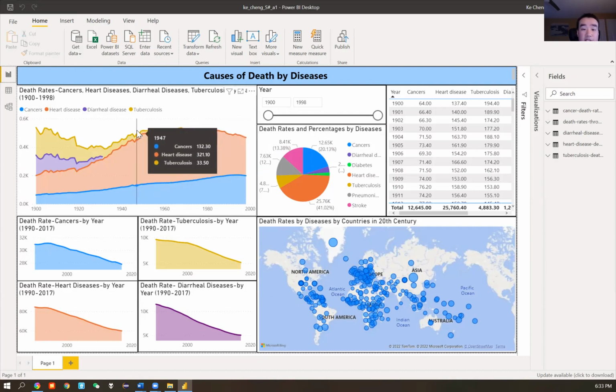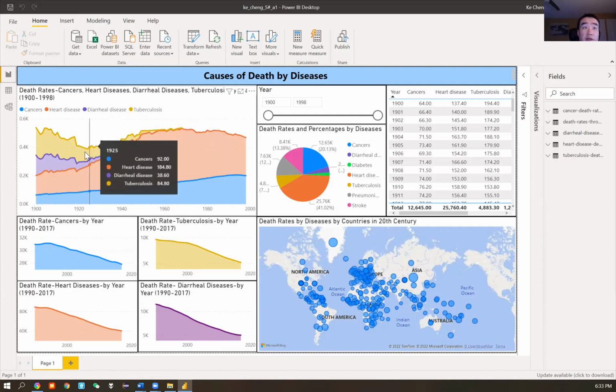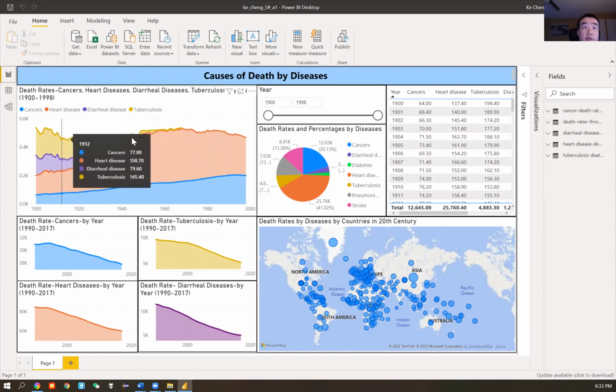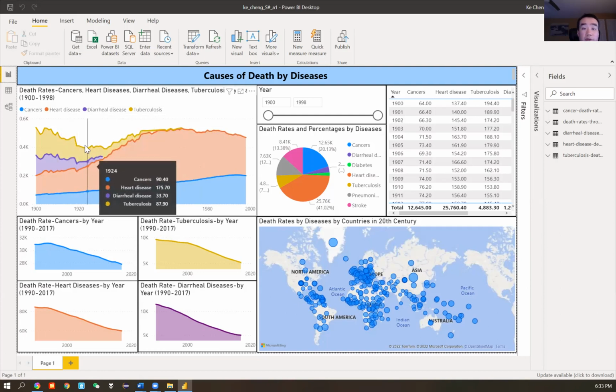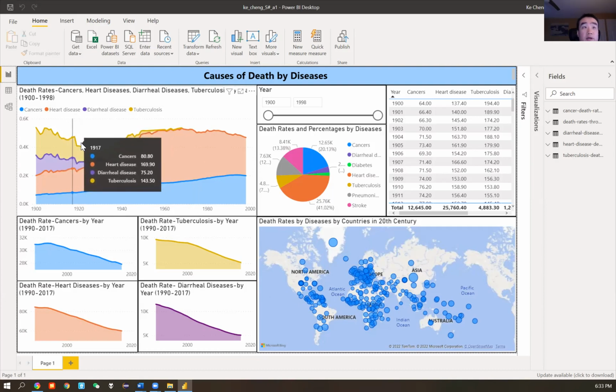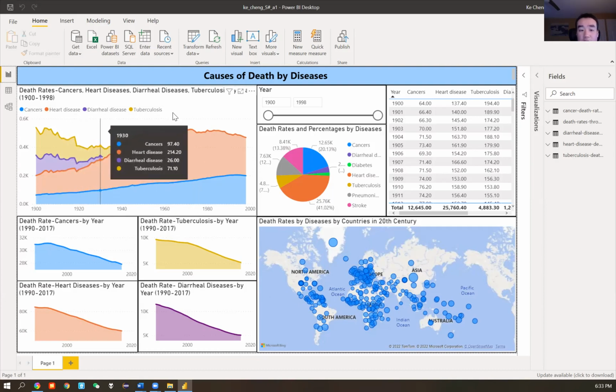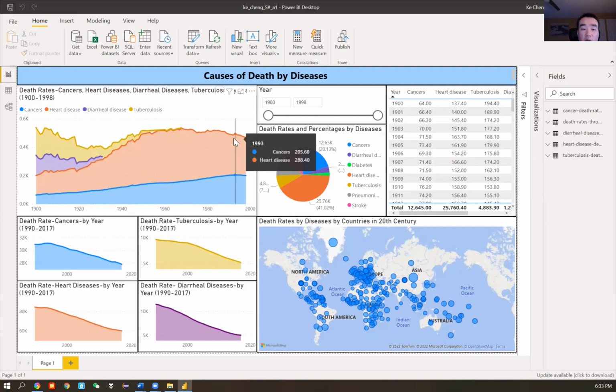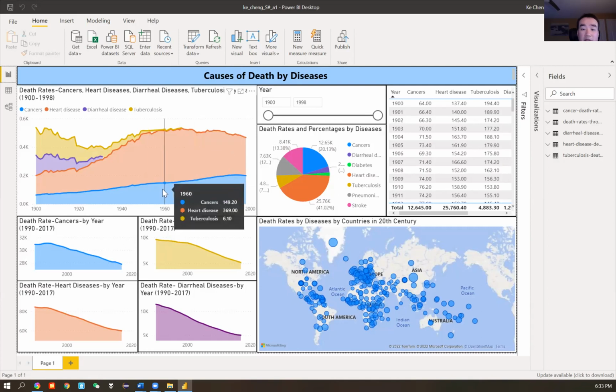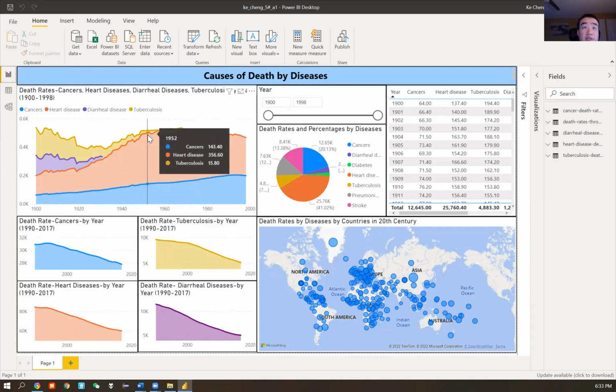We can clearly see the increase and decrease in the 20th century. We can also compare the 4 diseases and find out which kill more or fewer people during these years.